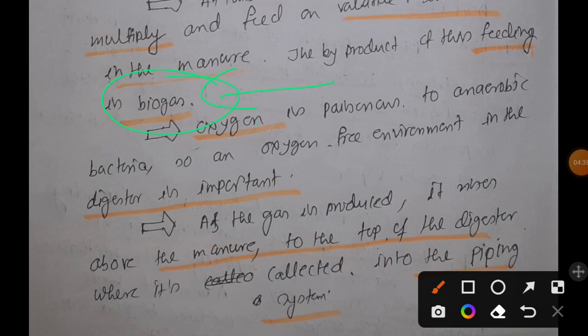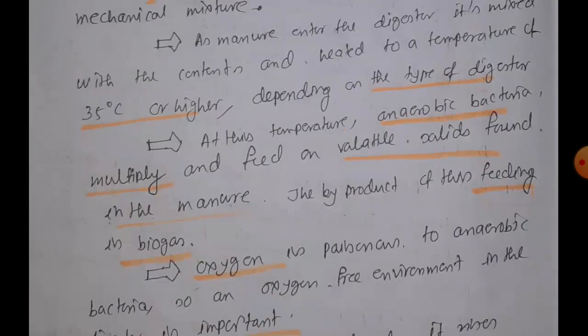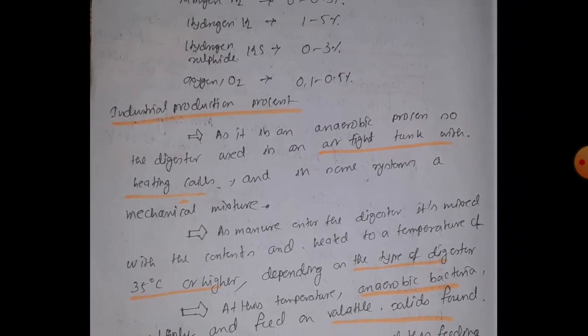That is the entire thing. The biogas produced will move above the manure used to produce it, and this biogas will be collected by a piping system. So that is the entire procedure that I have written here.